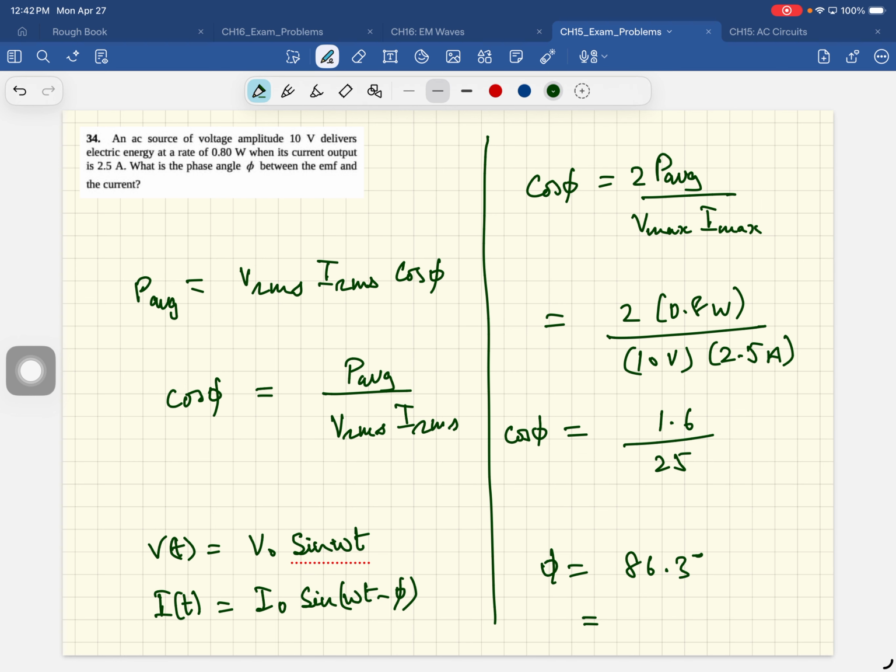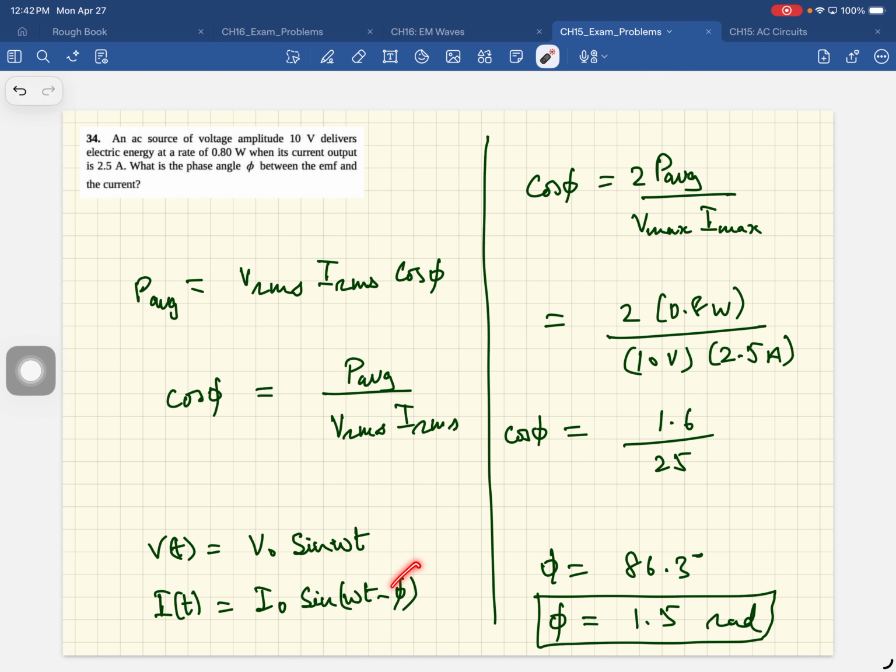And if we want to convert this to radians, that is about 1.5 radians. Okay. So it turns out it's an inductive circuit.